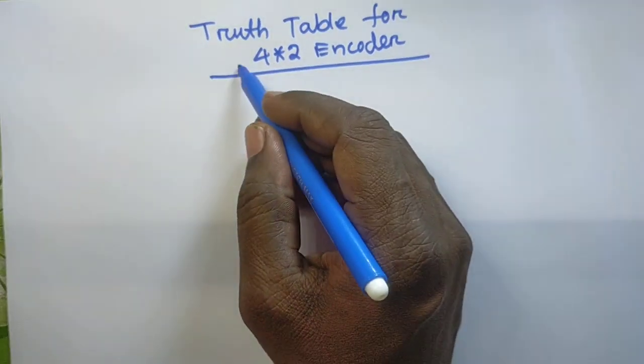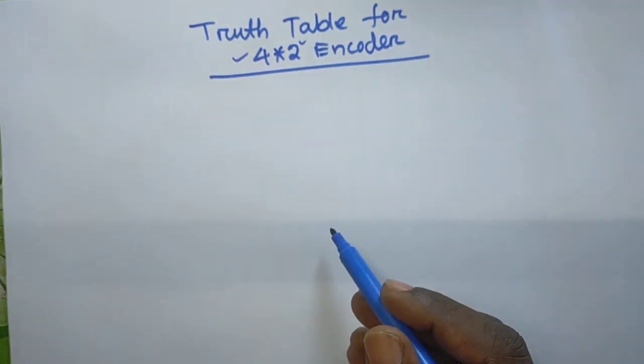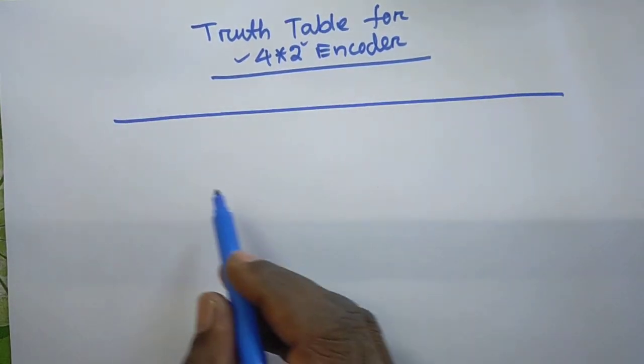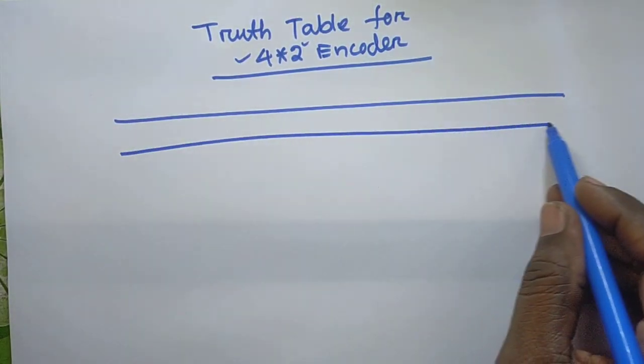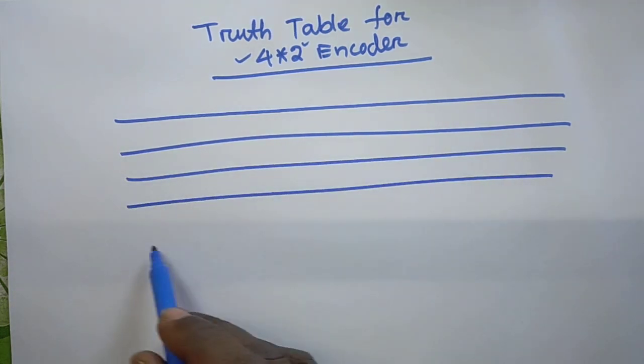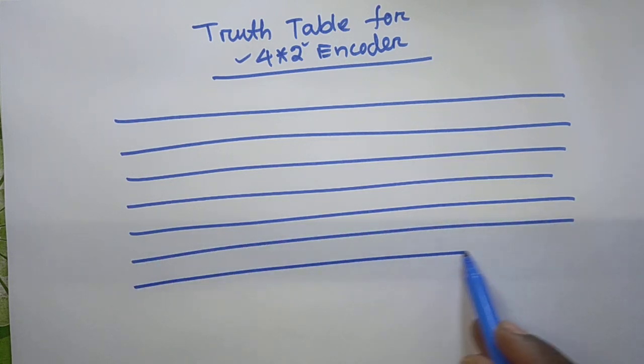Here, how many inputs will we consider? That is 4 inputs. How many outputs? 2 outputs we can get. Similarly, we will take 4 inputs and 2 outputs. Very simple way. Let's see.